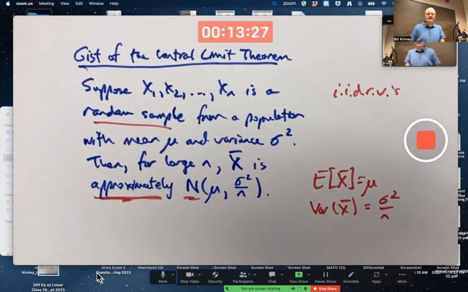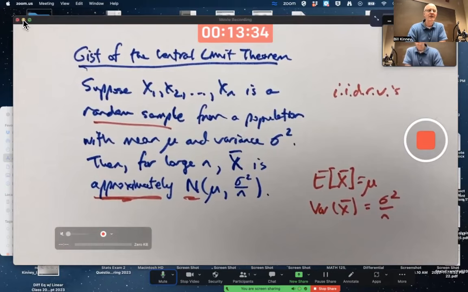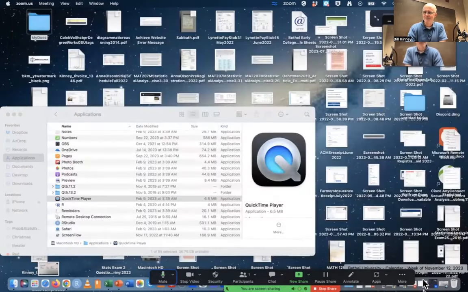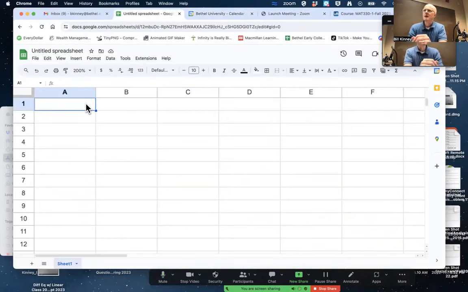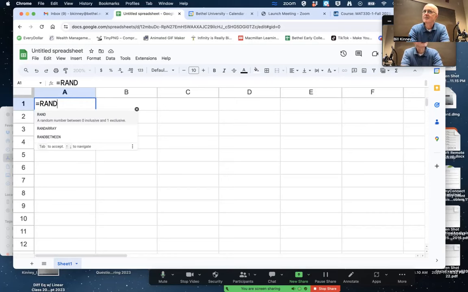Let's try to understand this theorem now with some simulation. I'm going to do it both with a spreadsheet and with Mathematica, and we'll compare and contrast. Spreadsheet. I could use a normal distribution that I'm sampling from, but it's going to be simpler in a spreadsheet and also instructive to emphasize that the population doesn't have to be normal to use just equals rand.